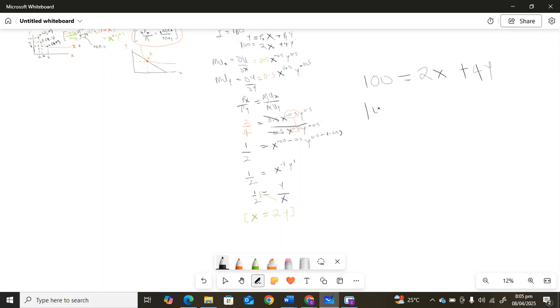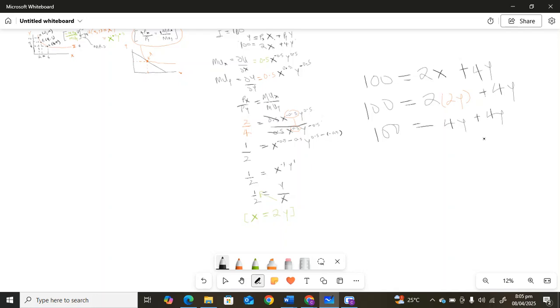We substitute x with 2y. So 2 times 2y, that is 4y, plus 4y.